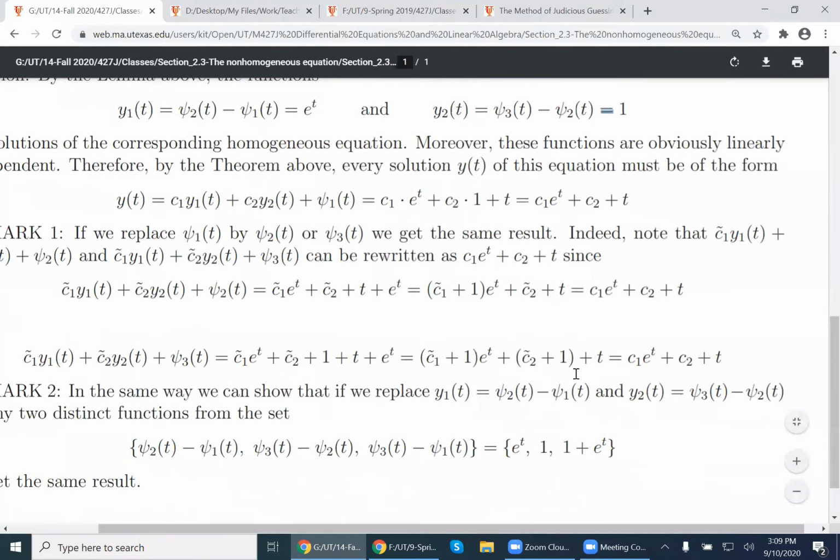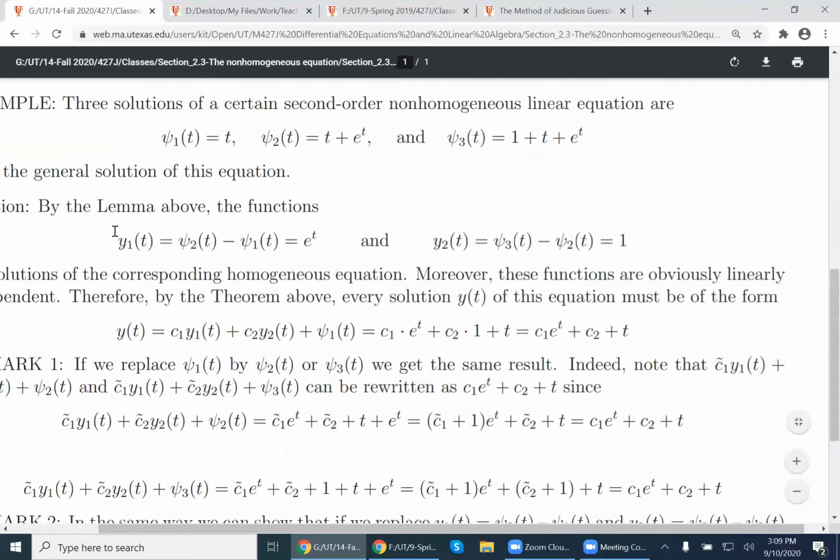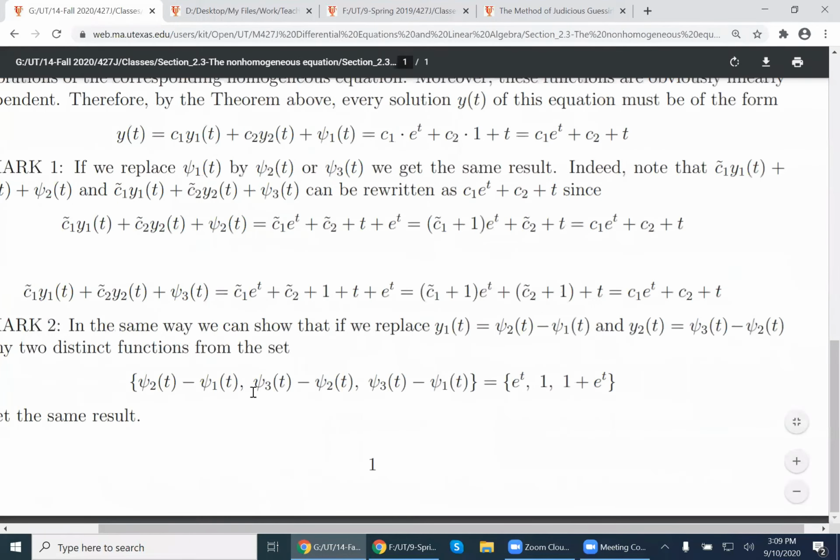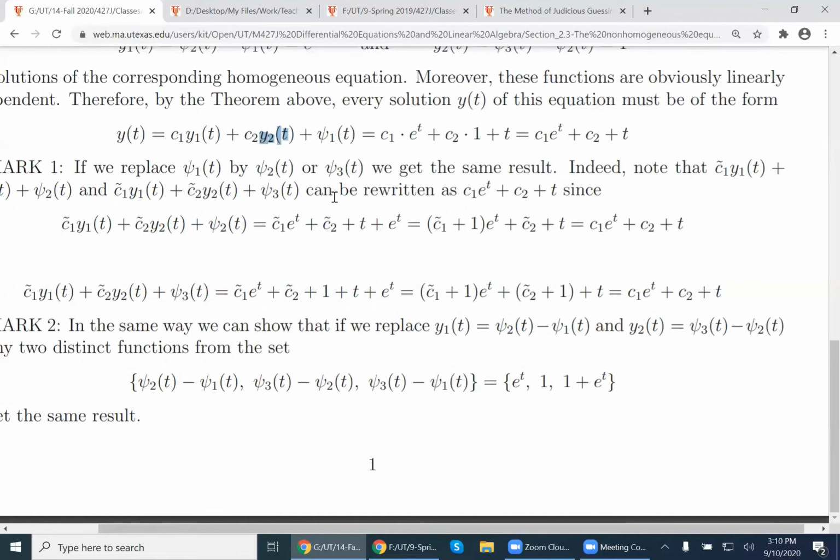Why don't we consider psi3 minus psi1? Well, we can. Instead of this and this, as y1 and y2, we can choose any pair out of these 3 functions and then plug in here and here. After all simplifications, we'll come up with fundamentally the same result in the same fashion as we do here.